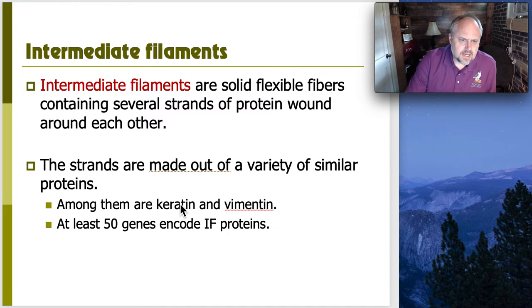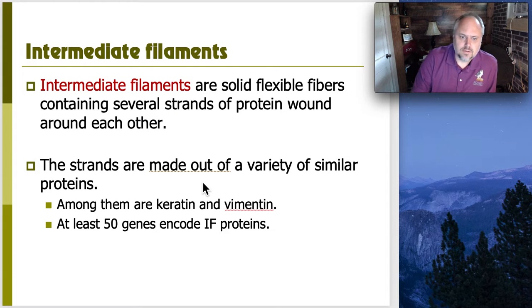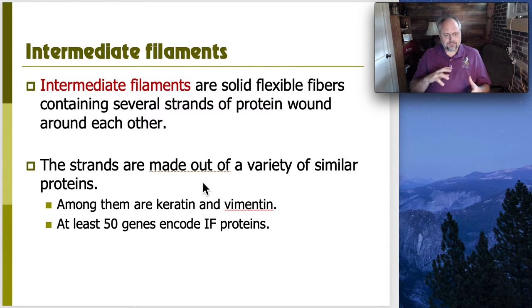The other thing that is somewhat unique about the intermediate filaments is that they tend to be variable as to what they're made out of. Whereas microtubules are made out of tubulin, intermediate filaments, depending on the kind of cell you are going to make, are made out of specific kinds of proteins. Each one of these proteins will have slightly different properties.